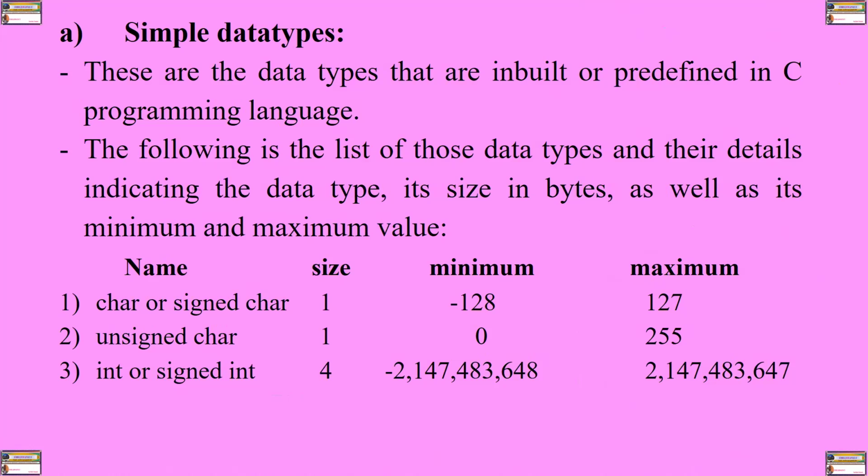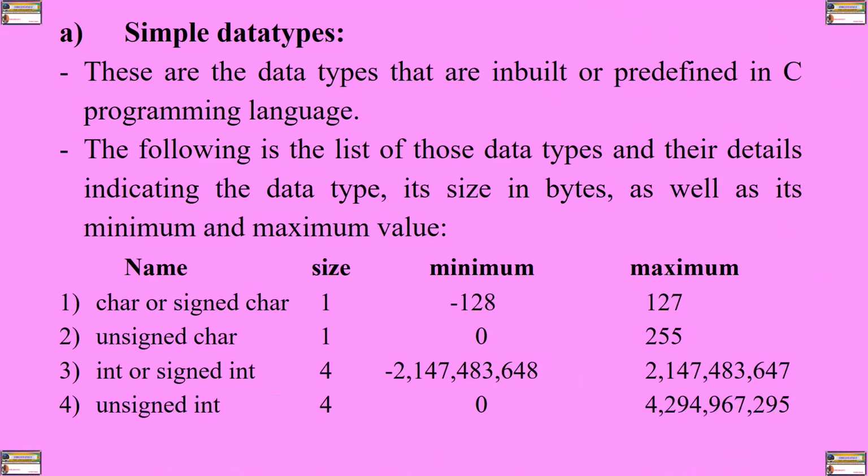And the maximum is 2,147,483,647. Already you can see that in terms of size, though these are different data types, int has a larger size than char. But of course, remember, char is for character. Int is for whole numbers.